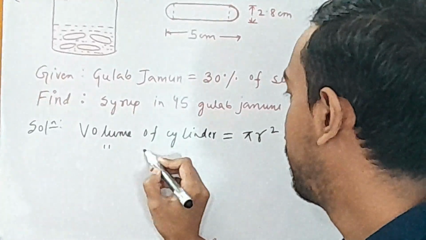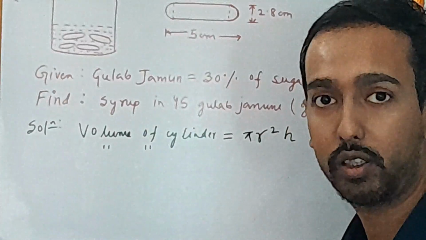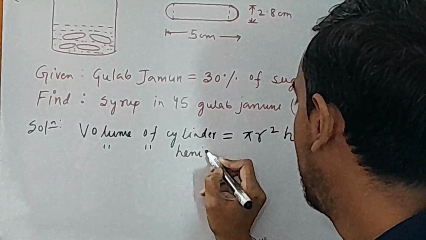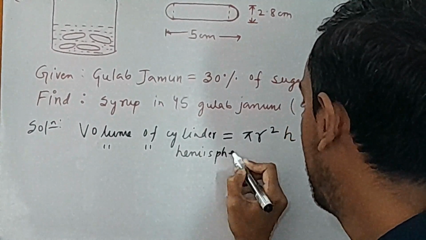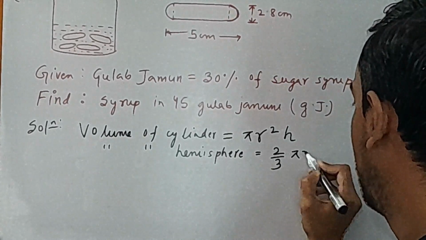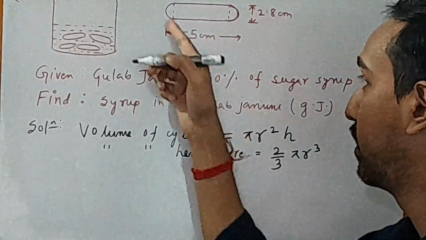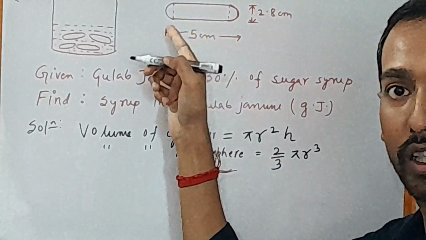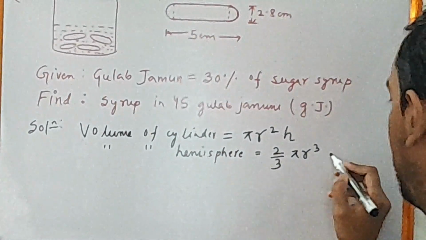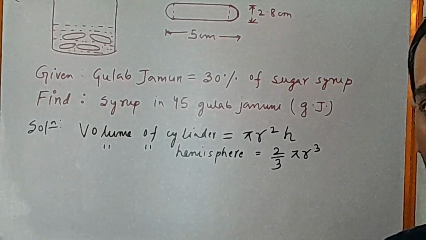And the volume of the hemisphere is given by 2 by 3 pi r cube. Since there are two hemispherical parts, you can see from the diagram, we will multiply this formula by 2. So it will become 4 by 3 pi r cube.